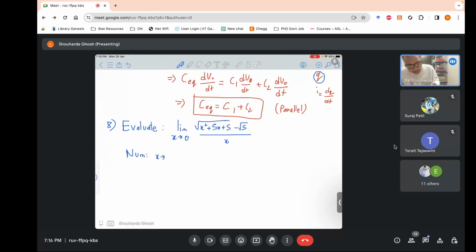If I put x as 0, what is our numerator going to be? 0 square plus 5 times 0 plus 5, minus this thing, turns out to be root 5 minus root 5, that's 0. Let's look at our denominator. What happens to the denominator when x is 0? It's simply 0 because that's x. So your numerator upon denominator is of the form 0 upon 0.